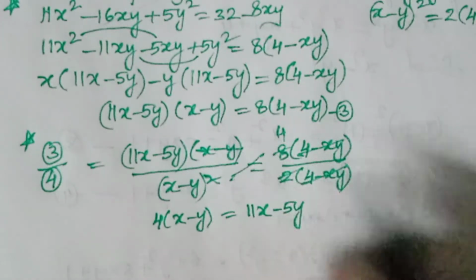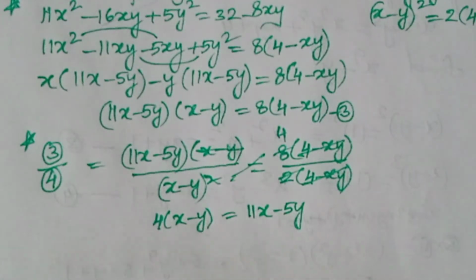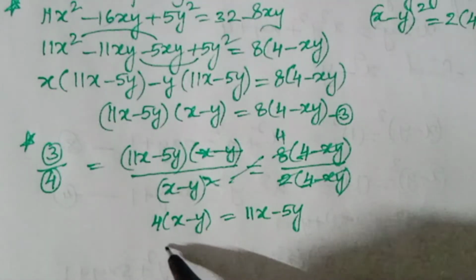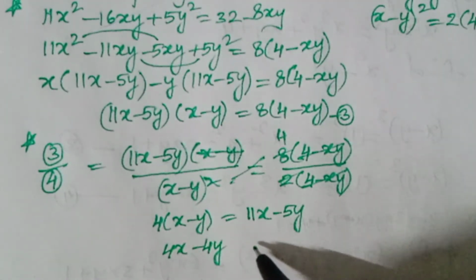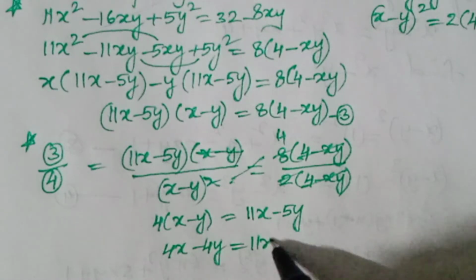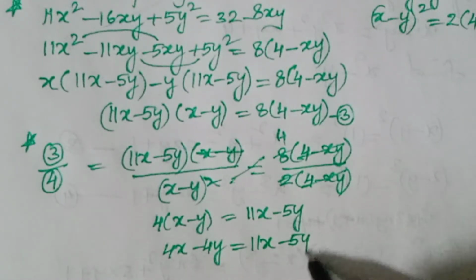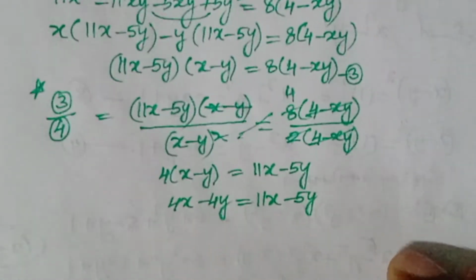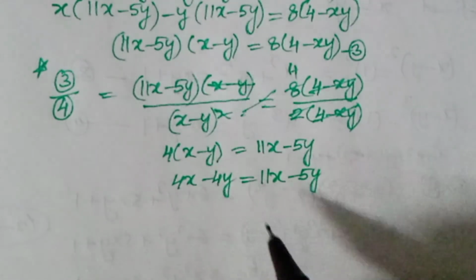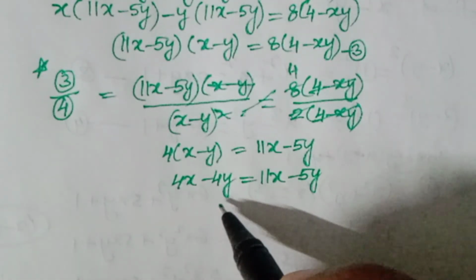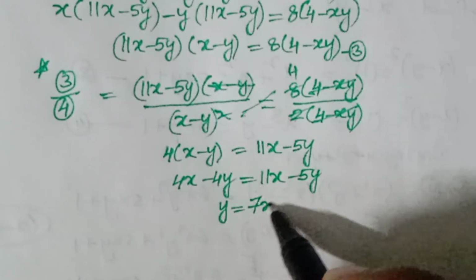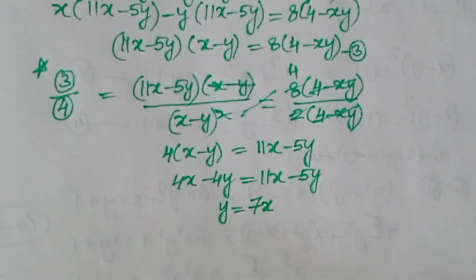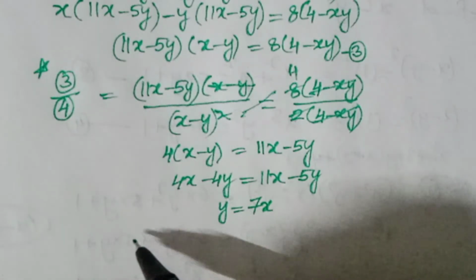Cross multiplying, 4 into x minus y, so 4x minus 4y is equal to 11x minus 5y. So what will we get here? y is equal to 7x. y is equal to 7x.